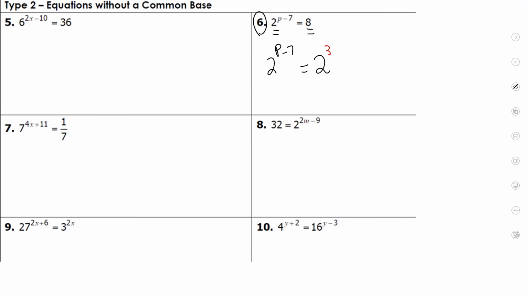Yes, 2 to the power of 3. Because 2 times 2 is 4, times another 2 is 8. So that's 3 2s. So this is how we're going to rewrite number 6 so that the bases match. Instead of writing 8, we changed it to 2 cubed. Okay, now that the bases are the same, we'll just equal the exponents to each other. So that's p minus 7 equals 3. So what is p? 10.